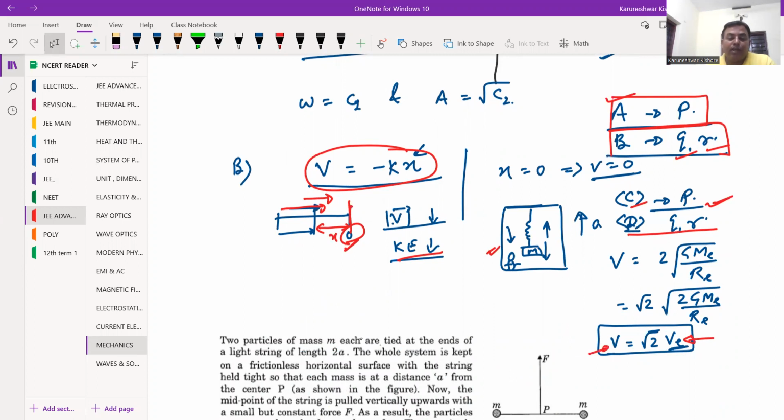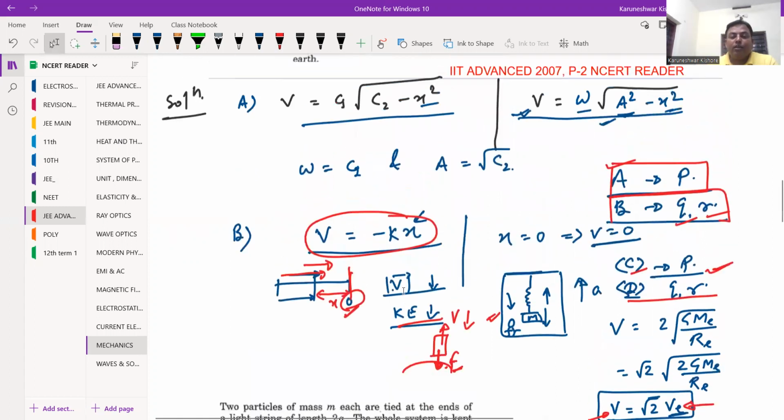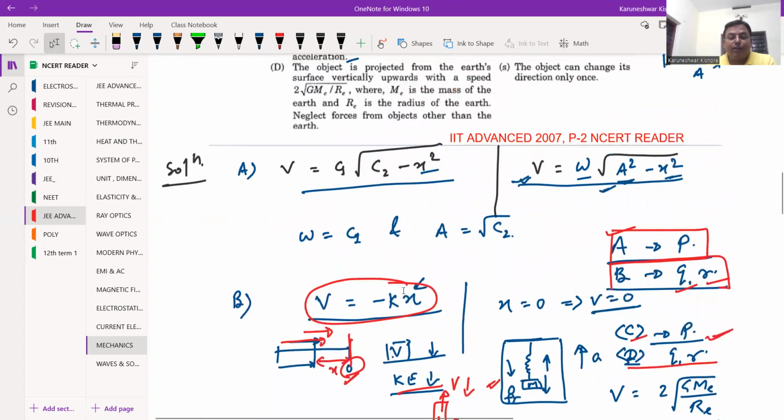Only Earth applies the force on it, so due to this force the speed will start decreasing, as the force acts in the opposite direction of motion. Other forces are not there; we mentioned in the question to neglect the forces on the object other than the Earth.